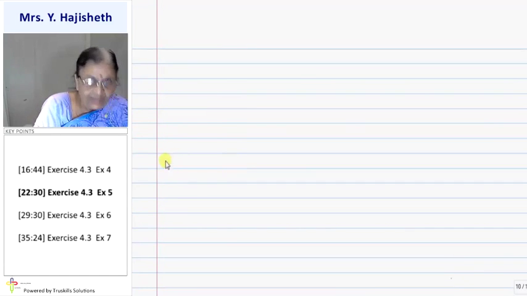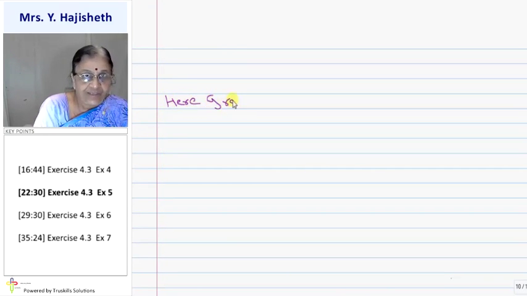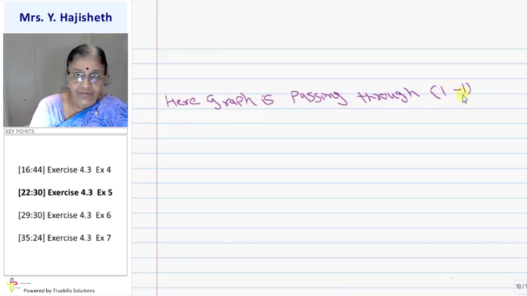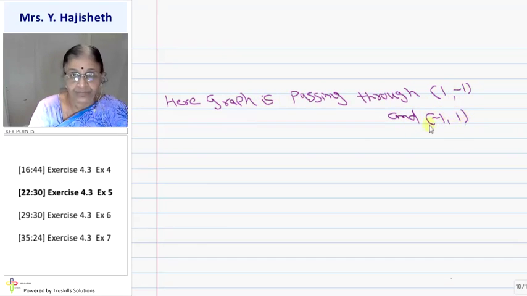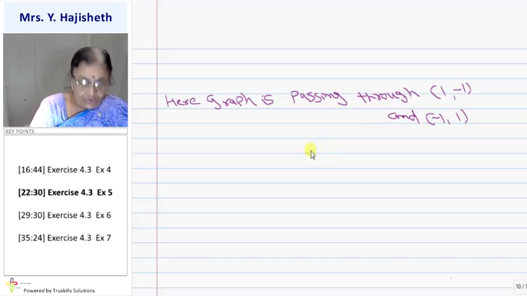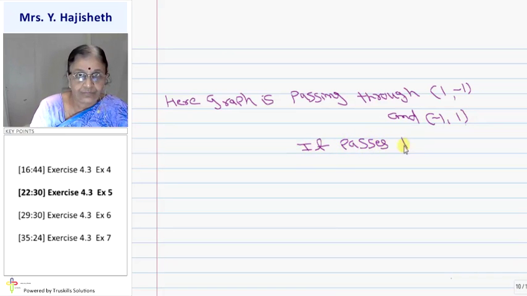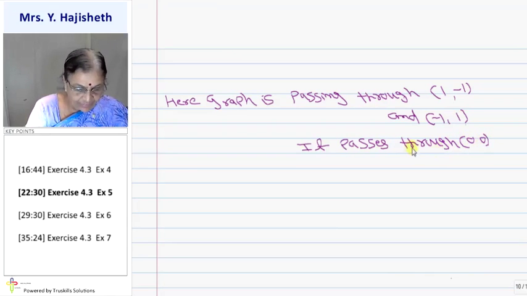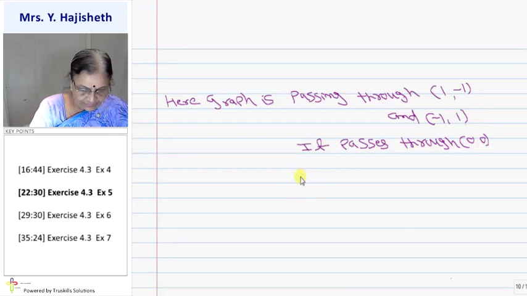Okay. Here the graph is passing through (1, -1) and (-1, 1). So it also passes through (0, 0). So my equation can be the first, second or third. There are three possibilities.